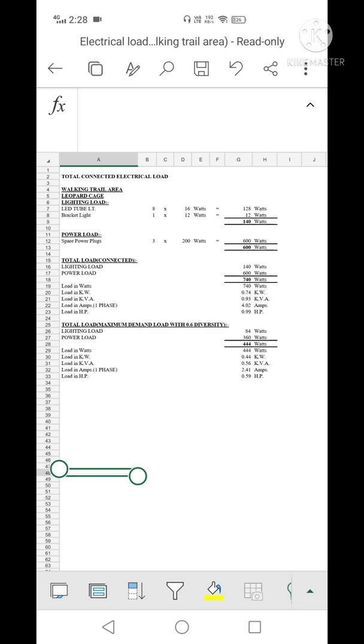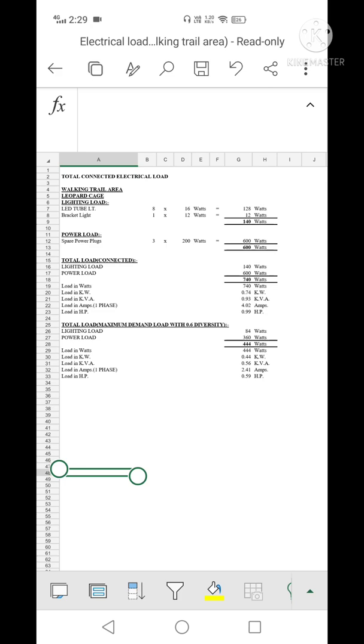So now we'll go to the total connected load. Lighting load is 140, power load is 600. Load in watts, if we sum all the power and light load, it will be 740.